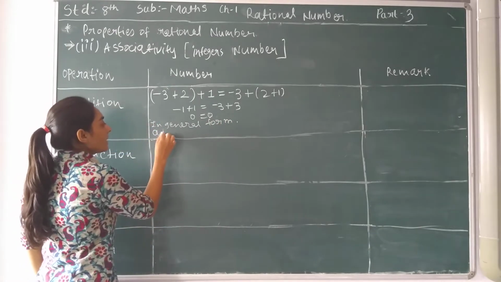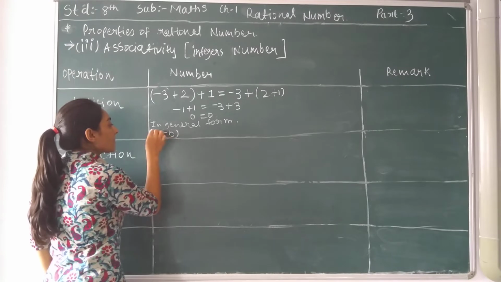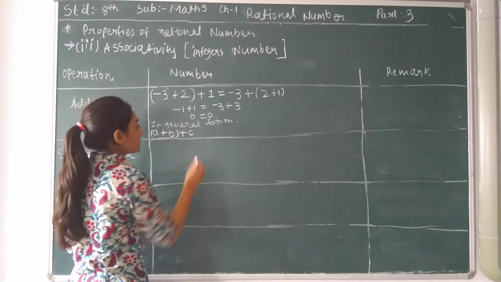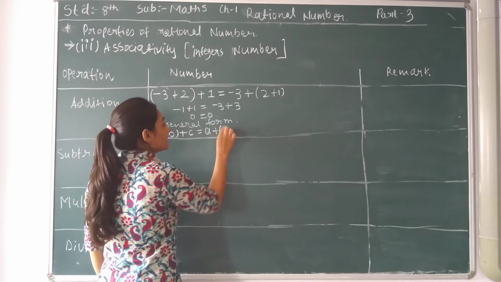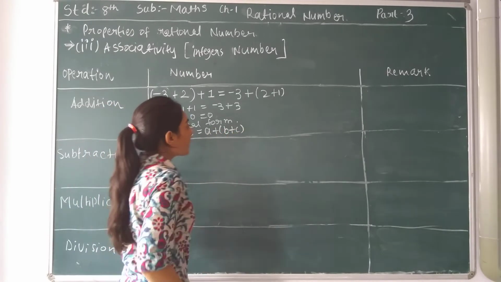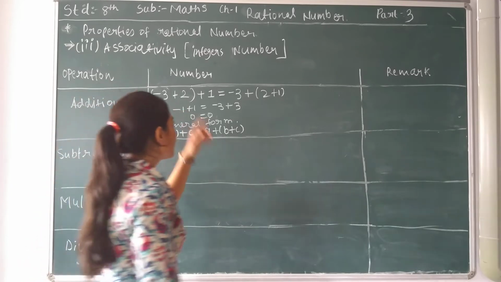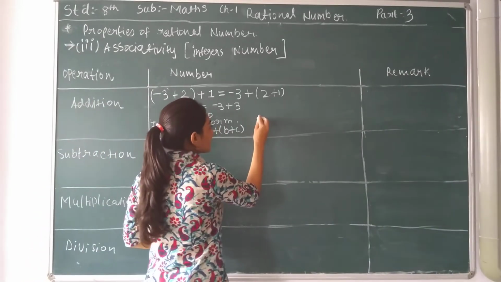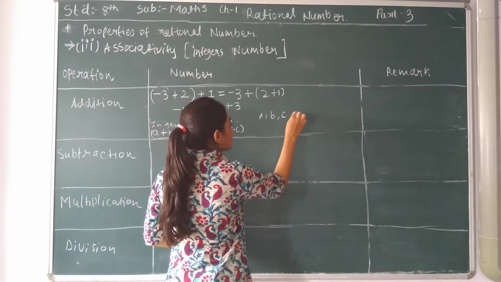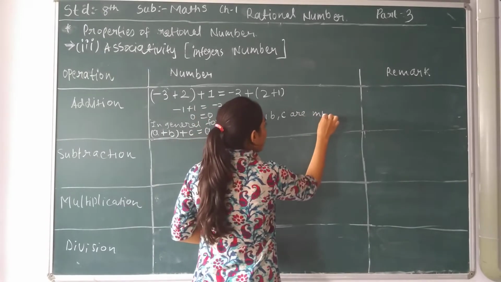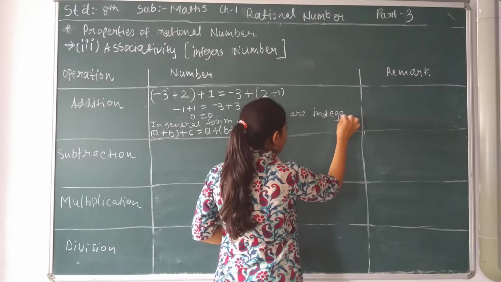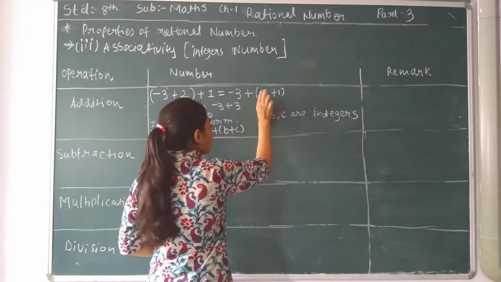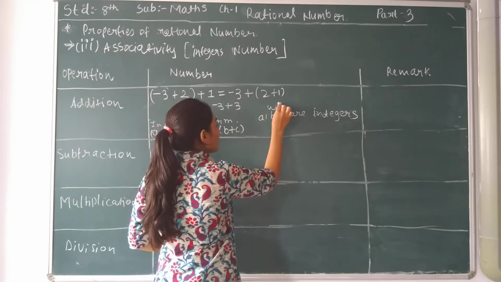It means in general form, (a plus b) plus c equals a plus (b plus c). Where am I taking the numbers from? Integers. So a, b, c are integers.